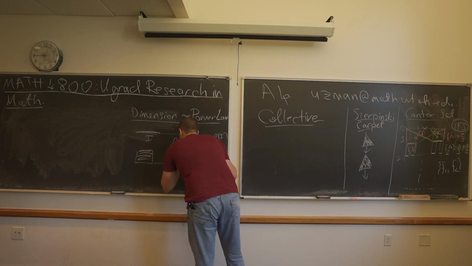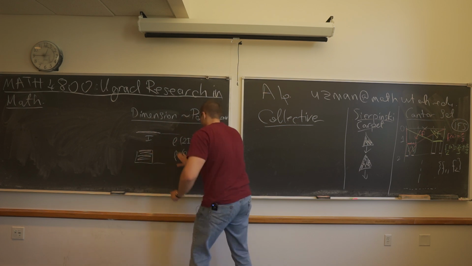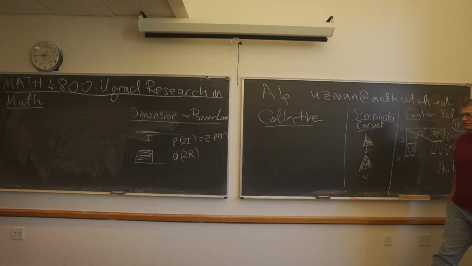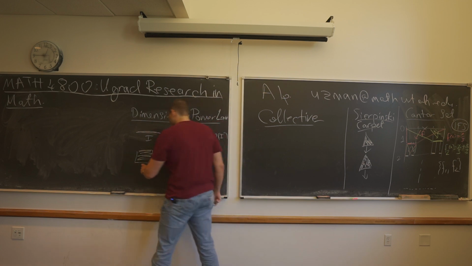So now, I guess I should say area, the natural sense of volume, right? What is the area of this rectangle stretched by a factor of 2?